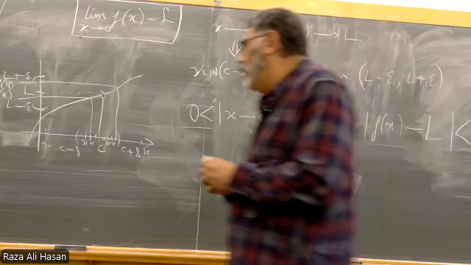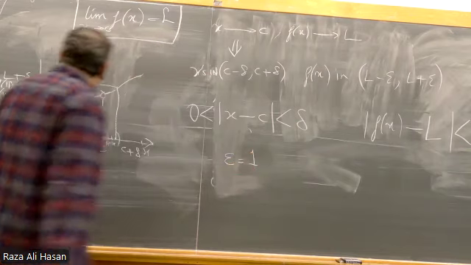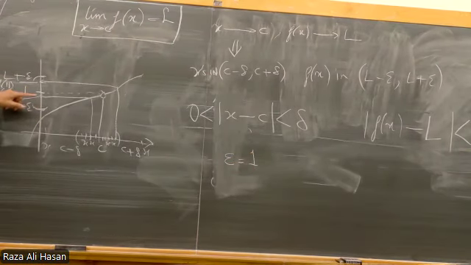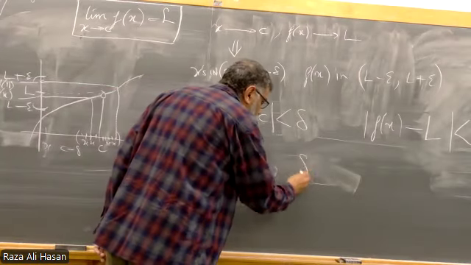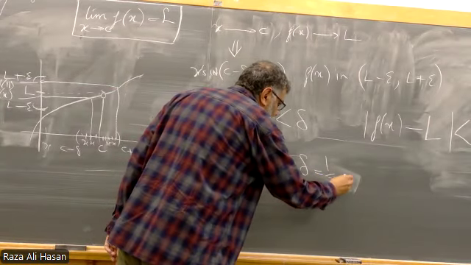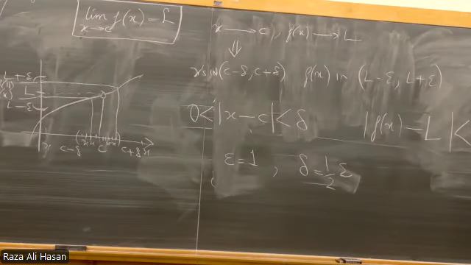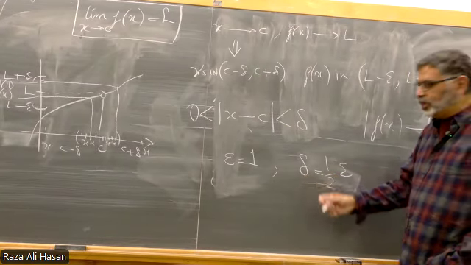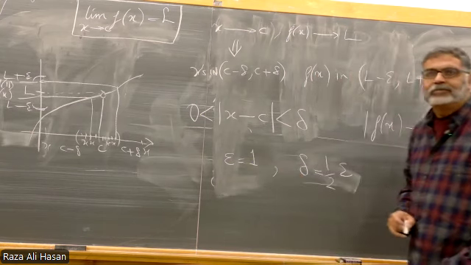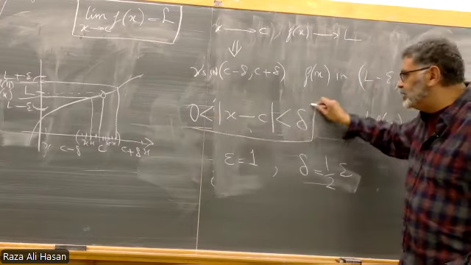So for instance, if epsilon equals 1, let's say we want from L all the f(x) values to be within one distance, then maybe the delta needs to be half of epsilon. So what is given to us is not this. What is given to us is the epsilon. We're never given this, even though the definition goes from this side to this side.